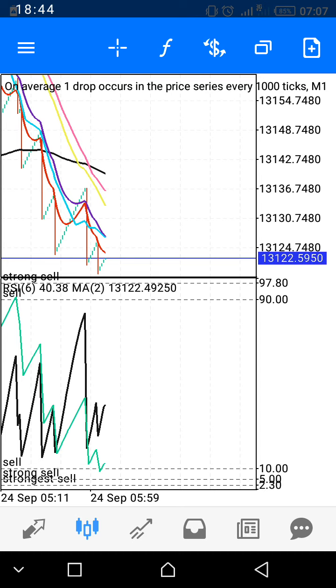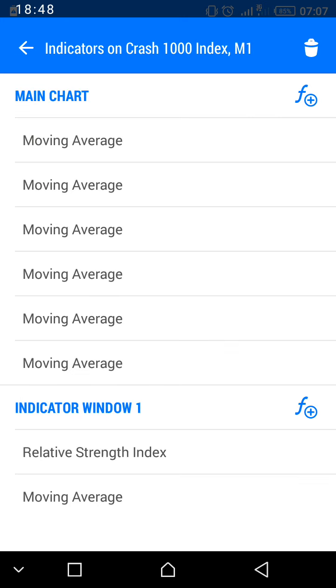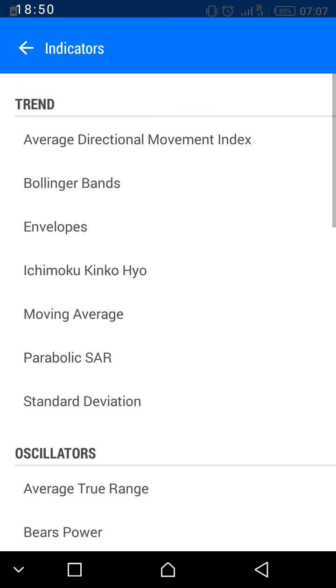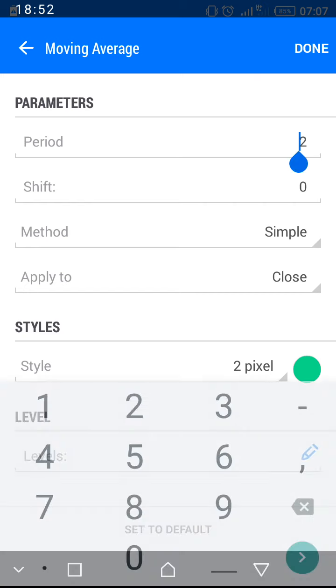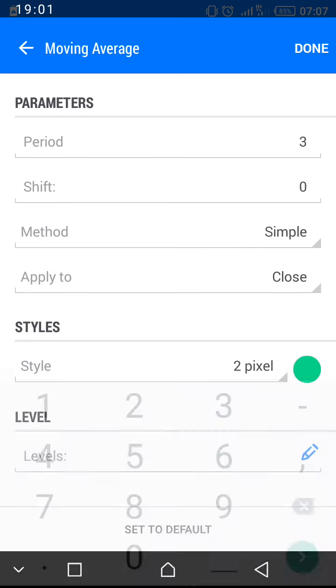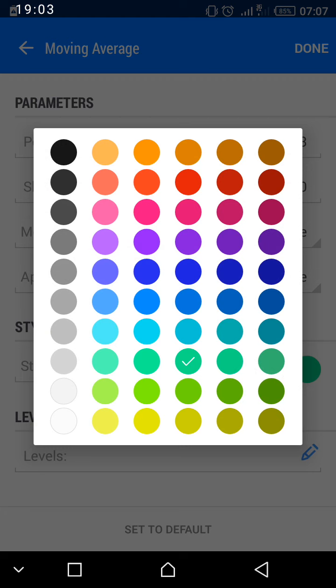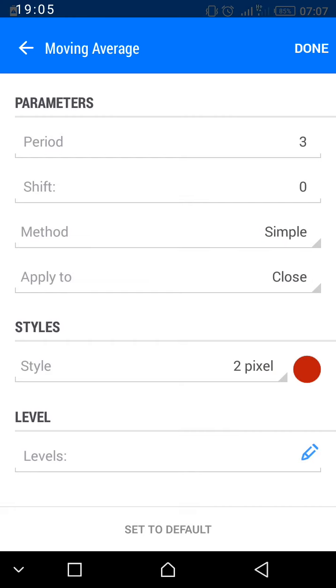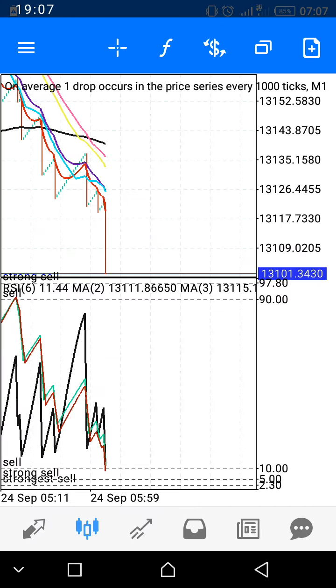Also, on this again, F plus moving average set to 3. Dark red. Done.